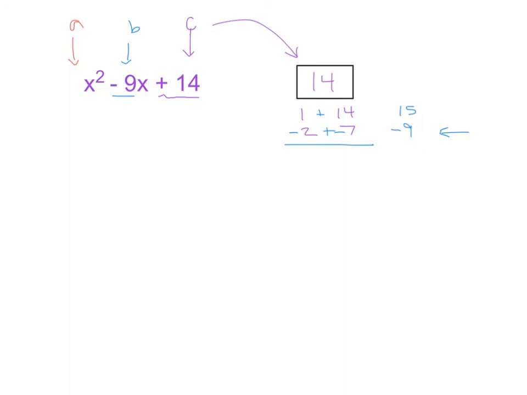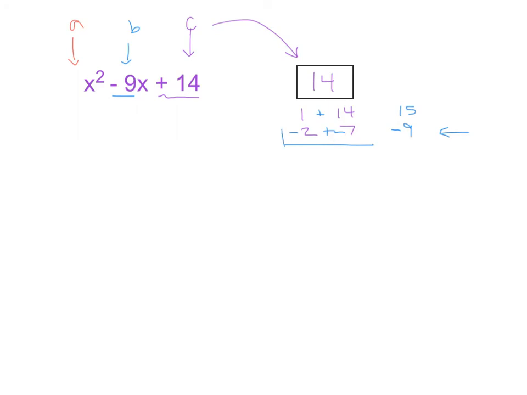If we change both of these to negative, it's okay, because what's a negative times a negative? Well, it's positive. So we still get positive 14 right here with a negative 2 times a negative 7. Yet when we add them, we get the negative 9 that we needed.